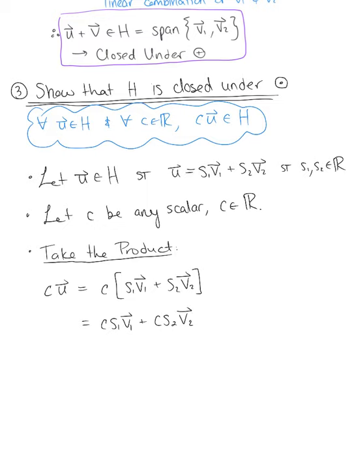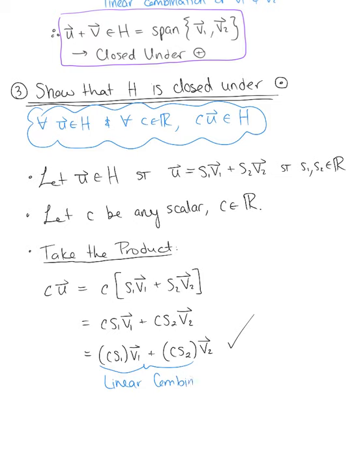And then grouping together our scalars here, we can say that that's one scalar defined by the product c times s sub 1 times vector v1 plus one scalar defined by the product c times scalar s sub 2 times vector v sub 2, which is a linear combination of v1 and v2, which is what we wanted to show.